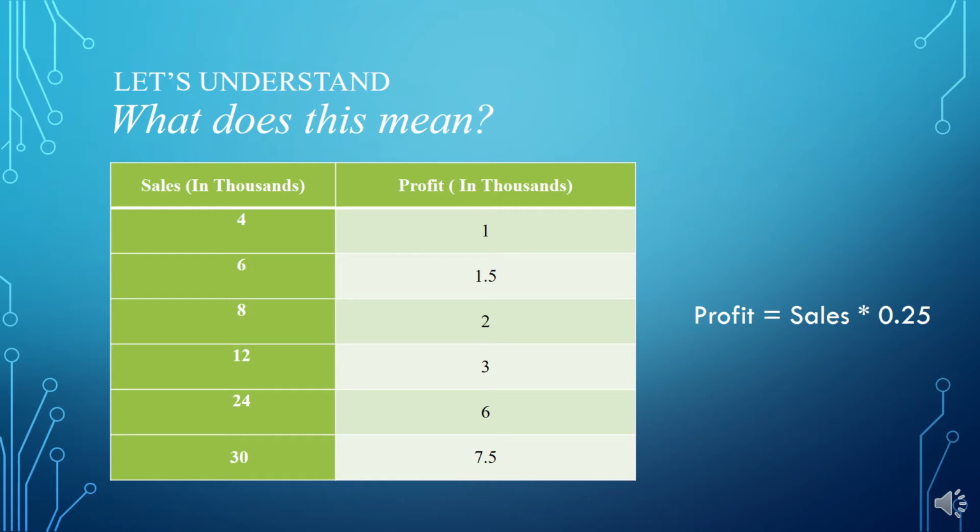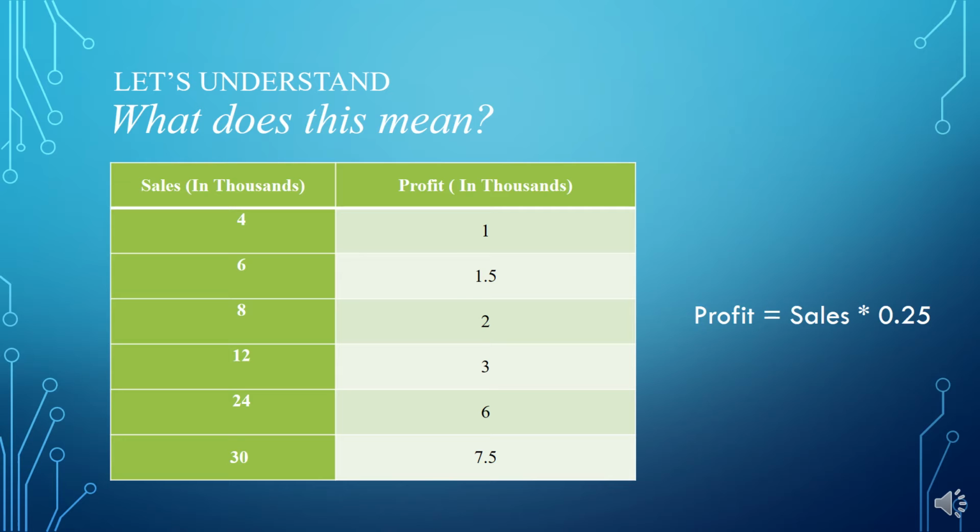Here we have one independent variable, sales, and one dependent variable, that is profit. Can we figure out the mathematical relationship between the sales and profit? This is exactly the model representation part of linear regression. If we look closely at the relationship between sales and profit, we can easily see that profit has been surging by a factor of 0.25.